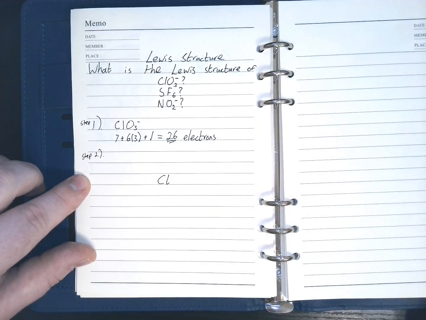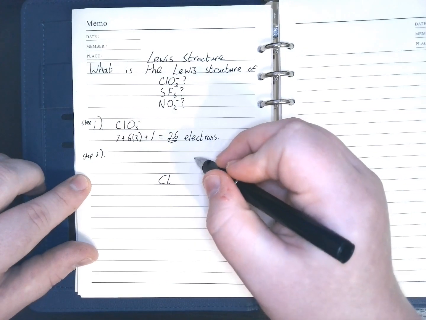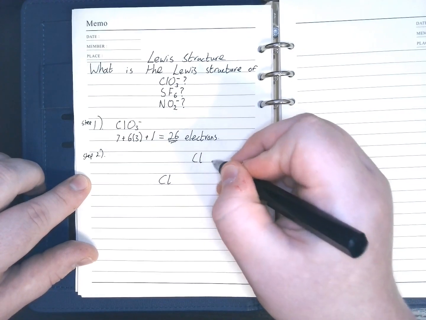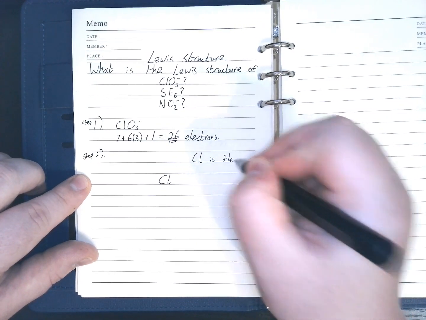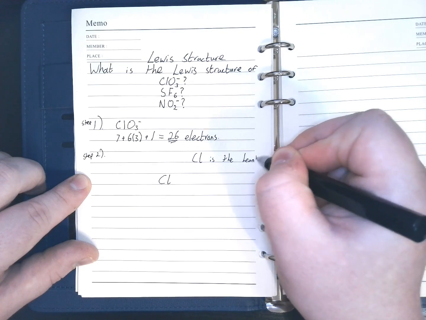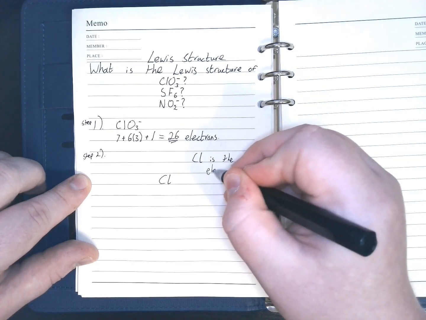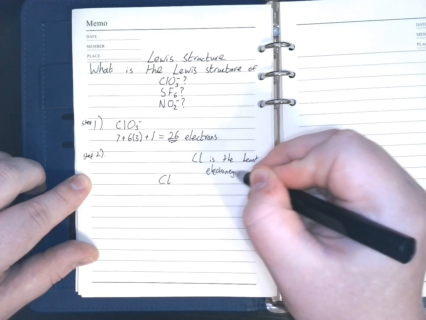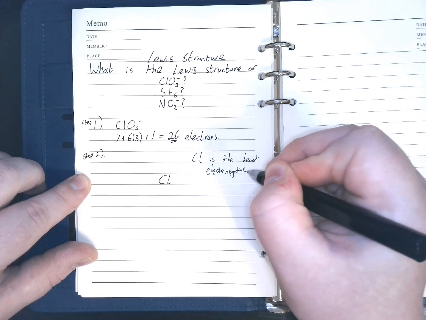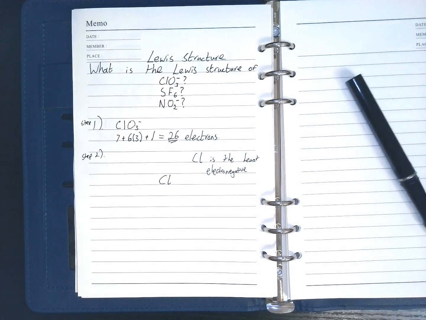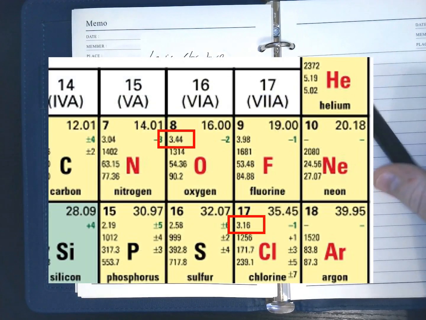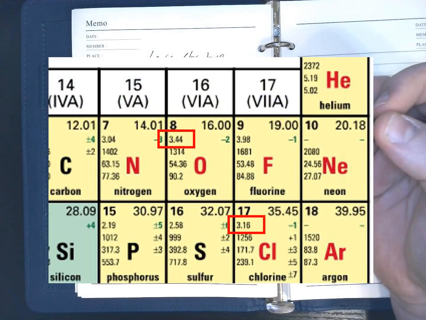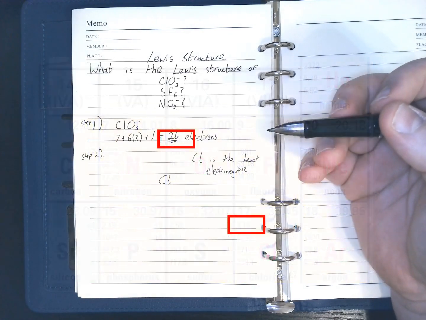But why is chlorine in the middle? Well, we can see that chlorine is the least electronegative. And remember, you can find your electronegativities on your periodic table, which I will show you in a minute.